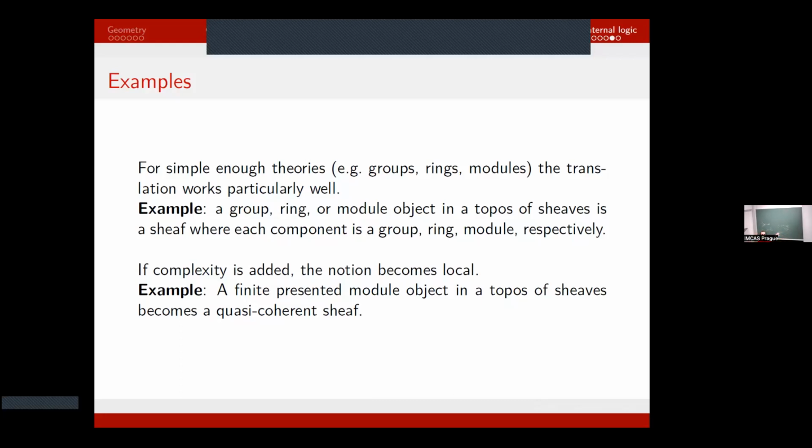Same for rings and everything that is algebraic enough. Yeah, it's a one-to-one correspondence. And this works very nicely, as I said, for every algebraic thing.